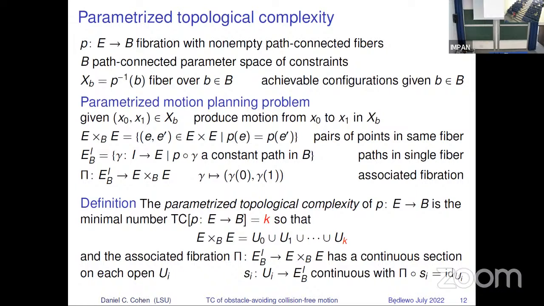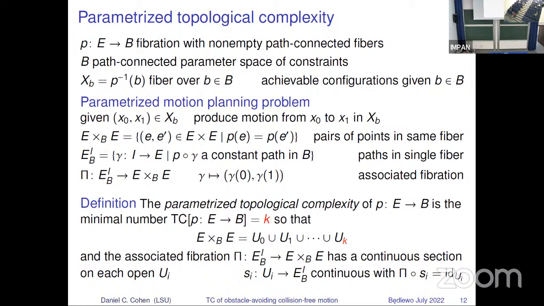The motion planning problem in this parameterized setting is: give me 2 points that live in the space where the constraints are the same. I'd like to produce a motion from the initial point to the terminal point, staying within that same fiber. So my path should respect the constraints given by B as well.